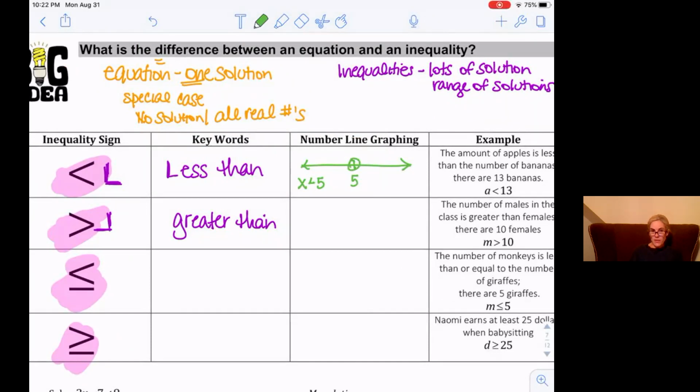Since we're not including 5, we would use an open circle around it. And what we want is values that are smaller than 5, like 4 and 3. Anything smaller than 5 would be any value to the left of 5. Anything to the right of 5 would be greater than it, and we wouldn't want to shade that because we only want to shade the part that's true.